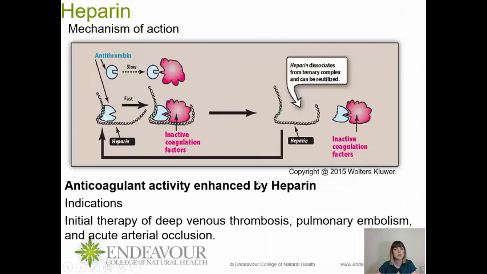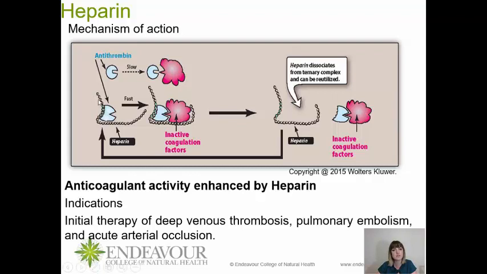So they do this through quite different mechanisms. Heparin, its mechanism of action, is that you administer heparin, which is actually an endogenous compound as well, and its normal role is in the inactivation of clotting factors.